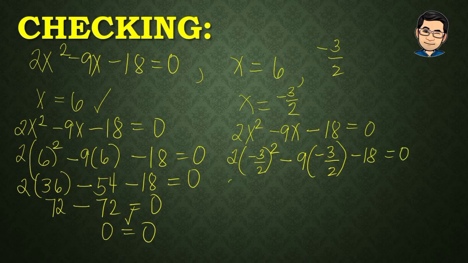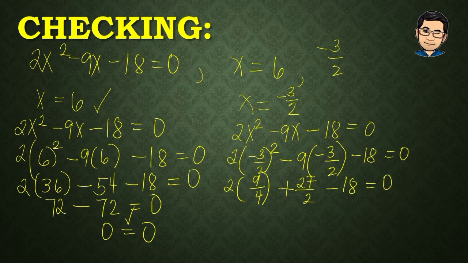Now, 2 times, what is the square of negative 3 over 2? That will become 9 over 4. Negative 9 times negative 3 over 2, that is 27 over 2. Minus 18 is equal to 0.